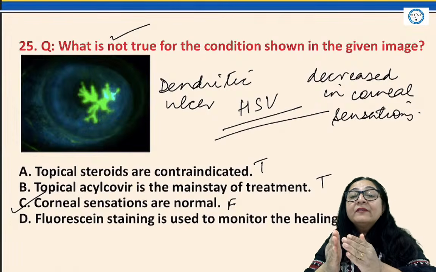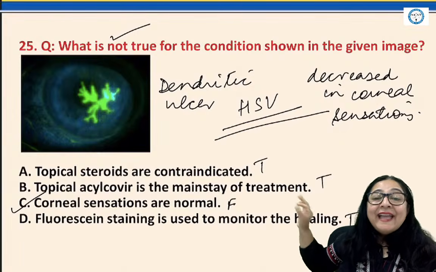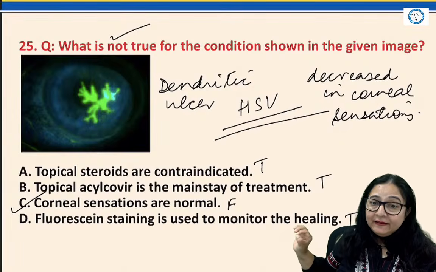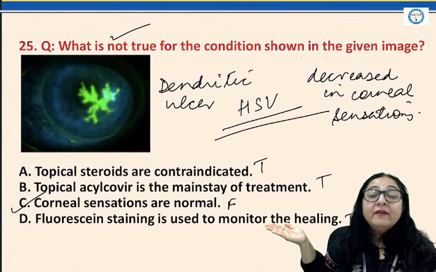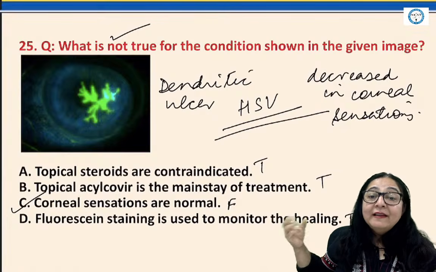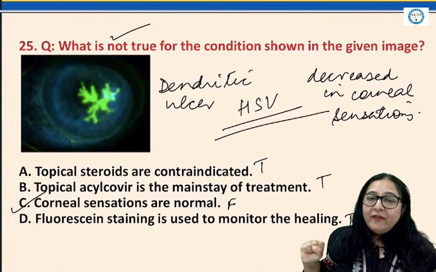Then the drugs related to corneal ulcer. So in any active corneal ulcer in which there is epithelial involvement, steroids are contraindicated. So if it is acute bacterial ulcer, fungal ulcer, dendritic ulcer, steroids are contraindicated.